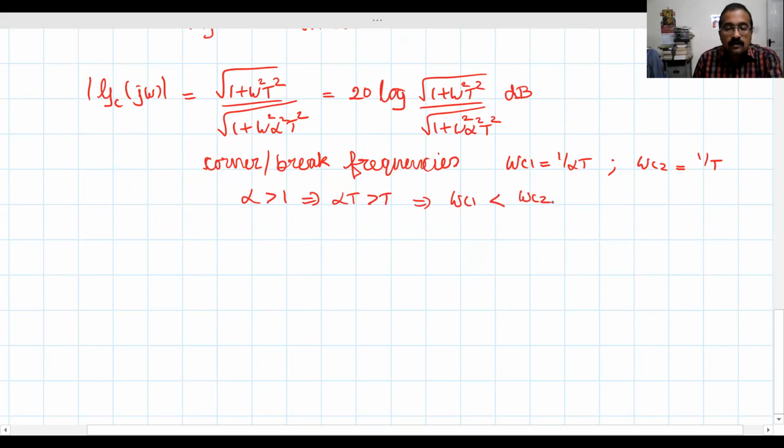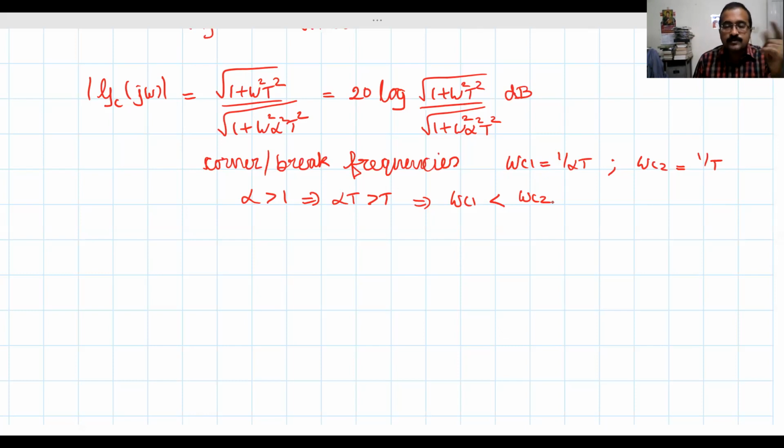So you can see that the frequency domain is divided into three sections: the low frequency section up to omega c1, the mid frequency region between omega c1 and omega c2, and the high frequency region from omega c2 to infinity. In this way the frequency region is divided into three.